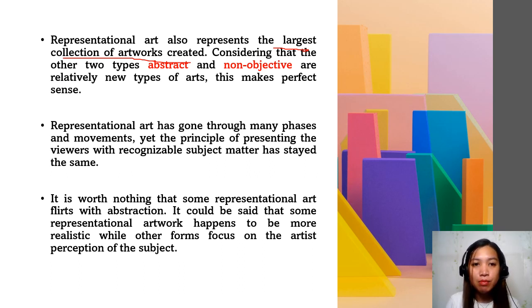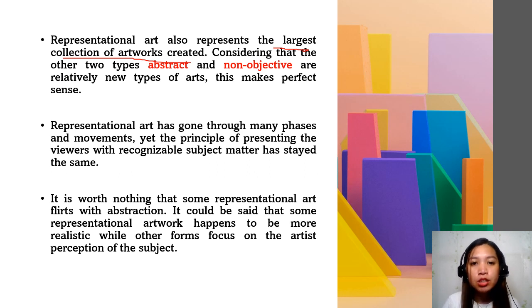As I mentioned earlier, representational art is the most popular and has the largest collection of artworks around the world, since this is the first type of art that people practiced a long time ago.